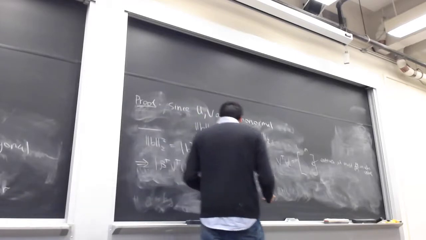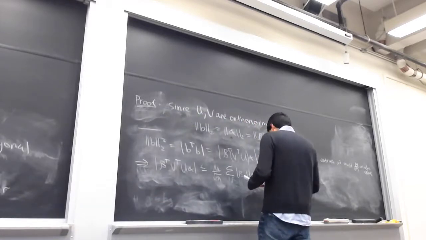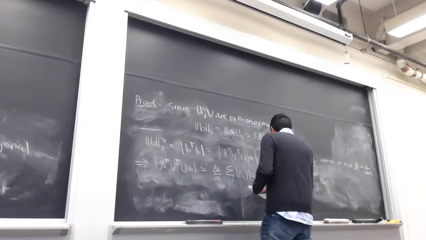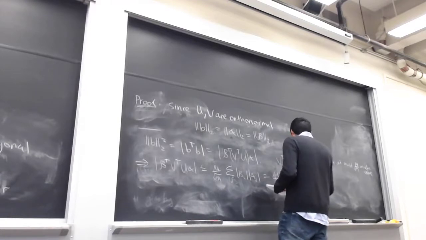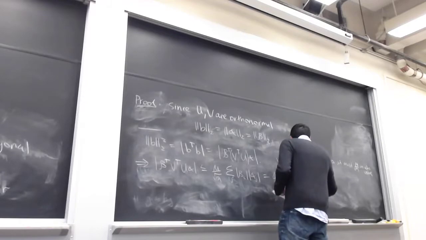But now we can think about this more simply as mu over root m times the L1 norm of beta times the L1 norm of the alpha vector.